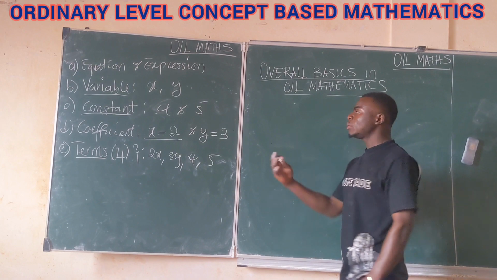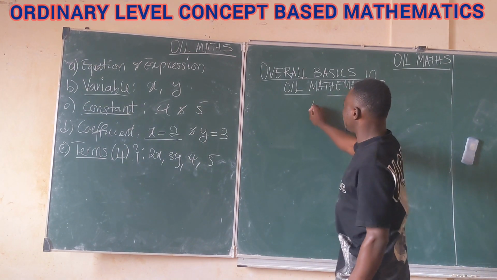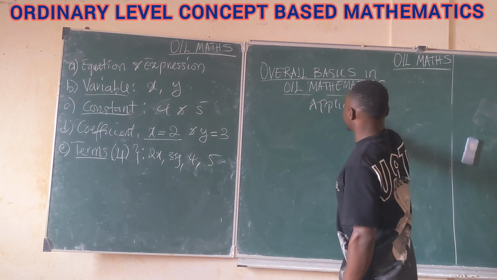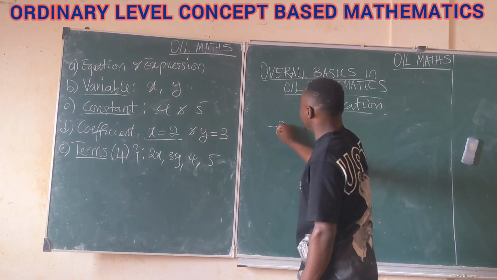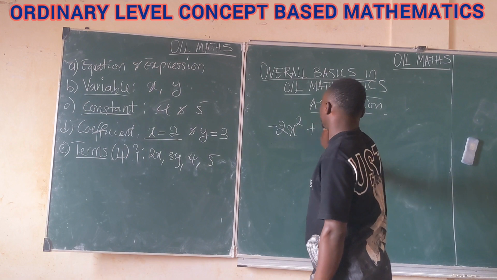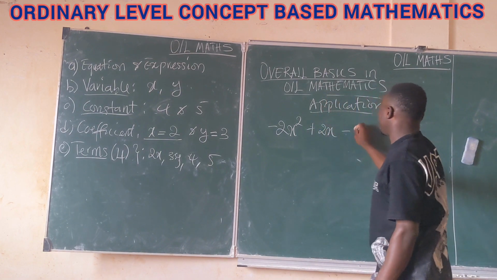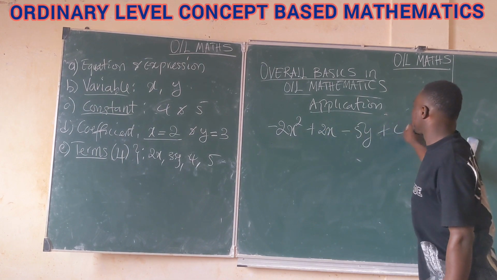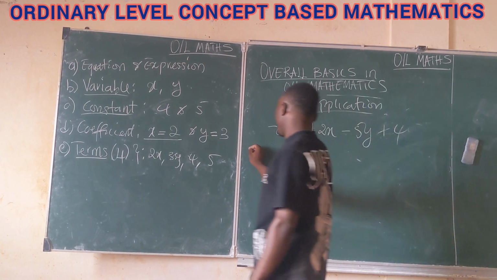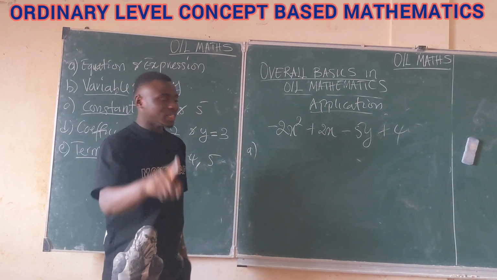Now, application. How do you solve this kind of question? They can just give you an expression below: negative 2x squared plus 2x minus 5y plus 4. Question 1: what is the coefficient of x squared?